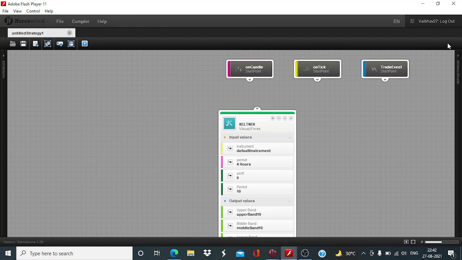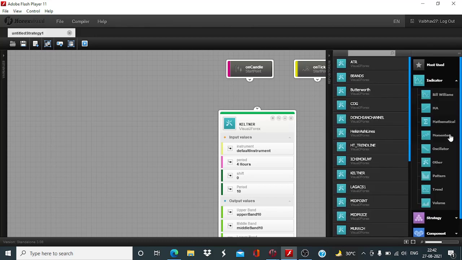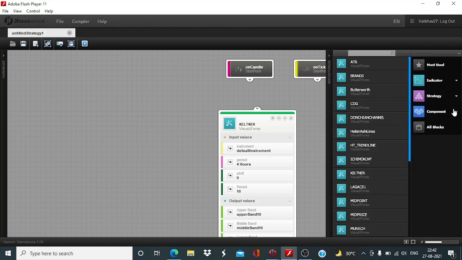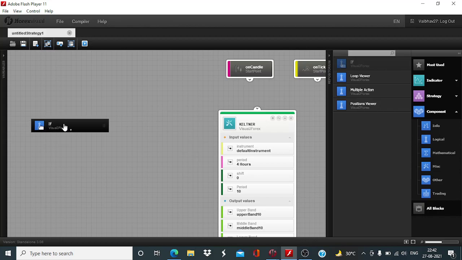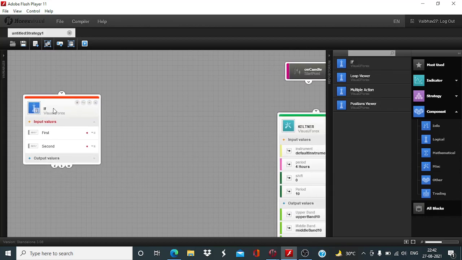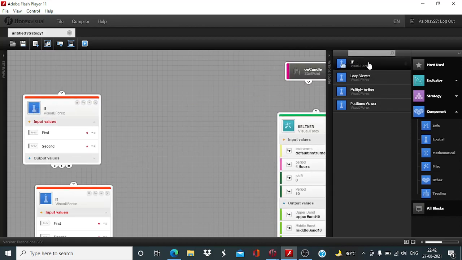Prior to adding these blocks, we will have to get the instrument subscription done. For that, I will take the help of logical blocks. If blocks, okay.